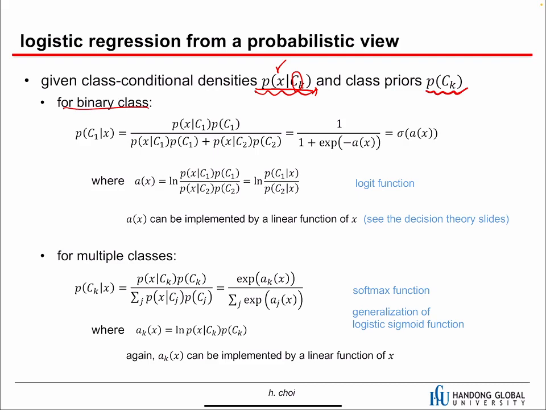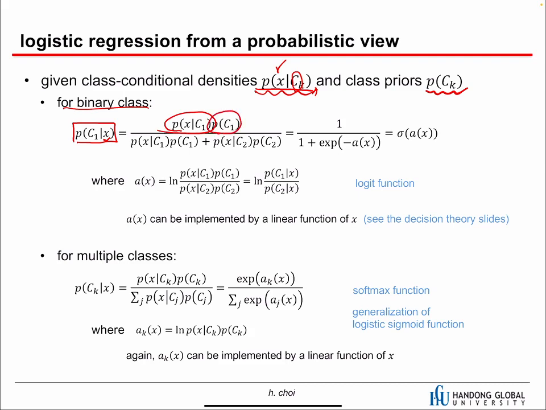And for binary class, okay, this is a posterior. Okay, then it says what is the probability of class 1 for this x. Then we apply the Bayes rule here. And this one is a likelihood. As I said, this is the probability of x, which is coming from class 1.